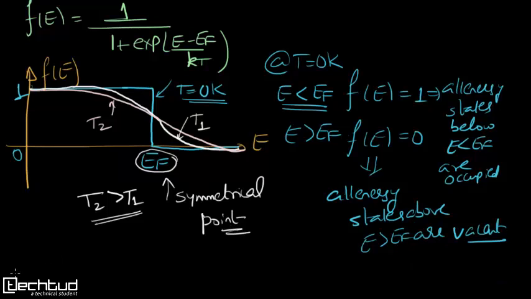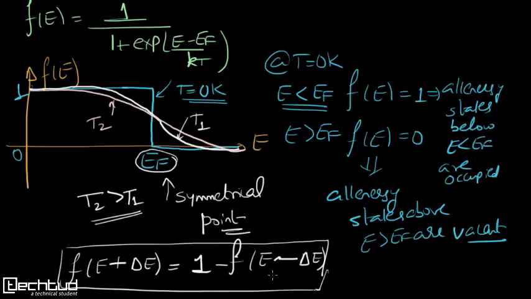What I mean to say is that F(Ef plus delta E) is equal to 1 minus F(Ef minus delta E). So the probability of finding an electron at a state delta E above Ef is equivalent to the probability of a vacant state delta E below Ef.